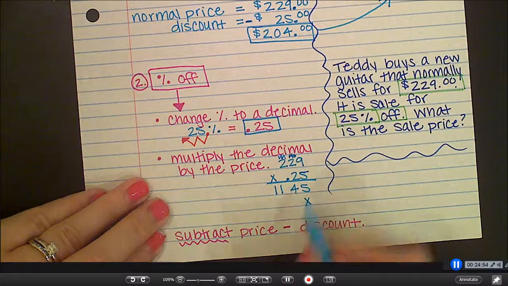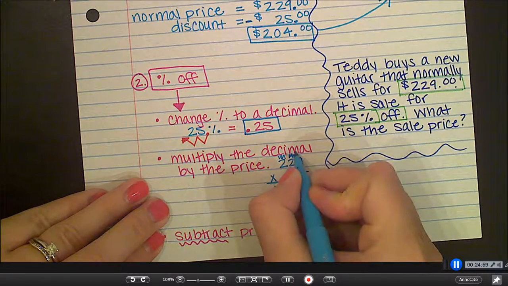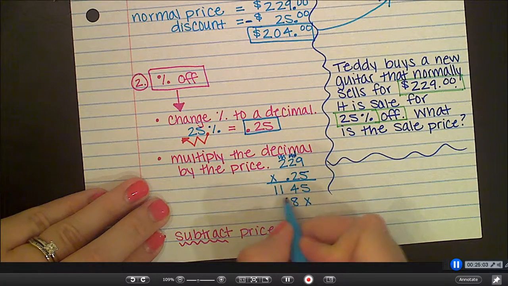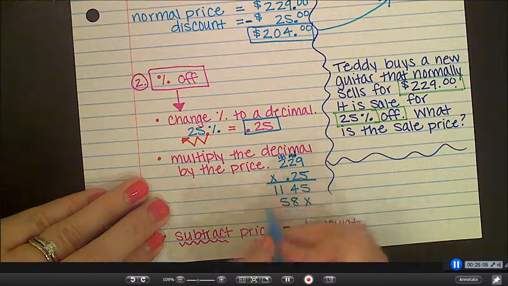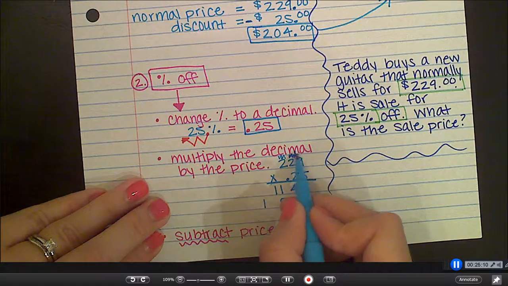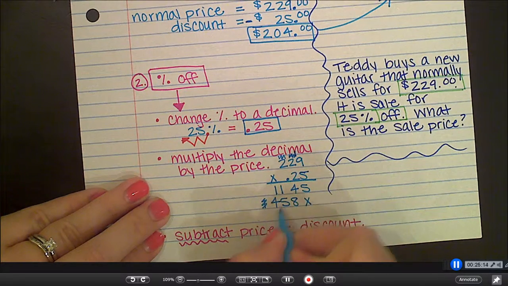Alright, so now let's multiply the 2. 2 times 9 is 18, carry a 1. 2 times 2 is 4, plus 1 is 5. And 2 times 2 is 4, plus 1 is 5. And then 2 times 2 is 4.